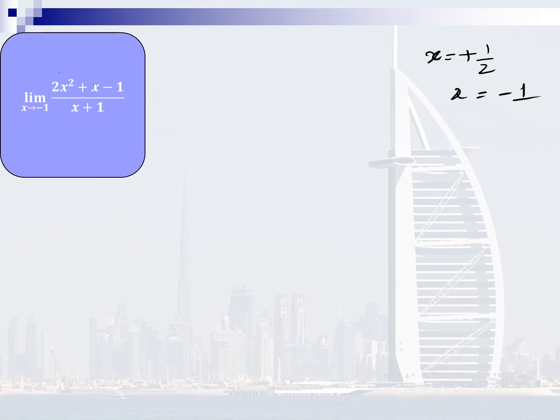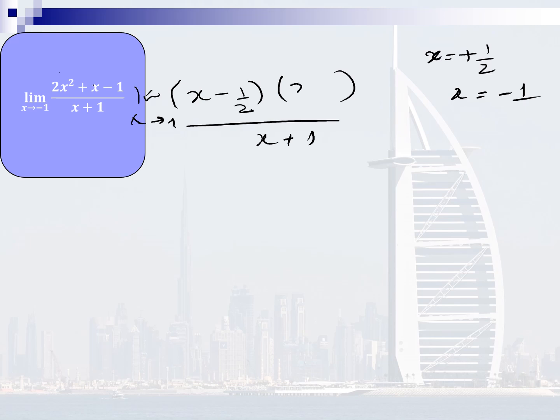Now remember how to factor those questions. Okay, so we will write here limit x approaches 1 and the denominator stays as it is. Now here we have x minus half, so we will write the negative half. x equals negative 1, so you have to write x plus 1.